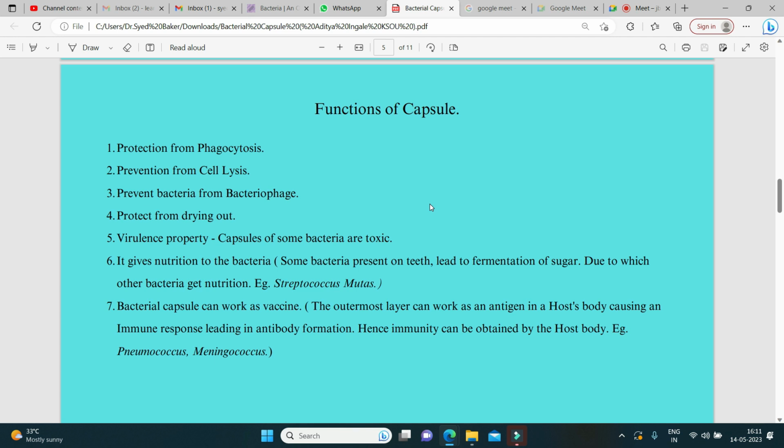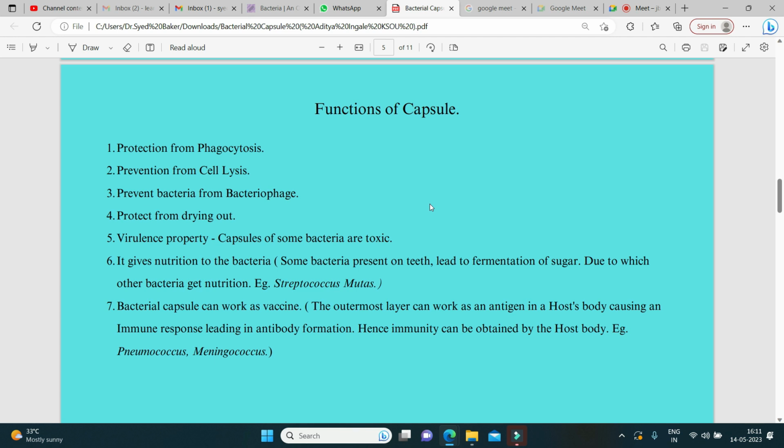Third, it prevents bacteria from bacteriophage. Fourth, protection from drying out. Fifth, it also shows virulence properties. Capsules of some bacteria are toxic, and when ingested into a host body, they show virulence.